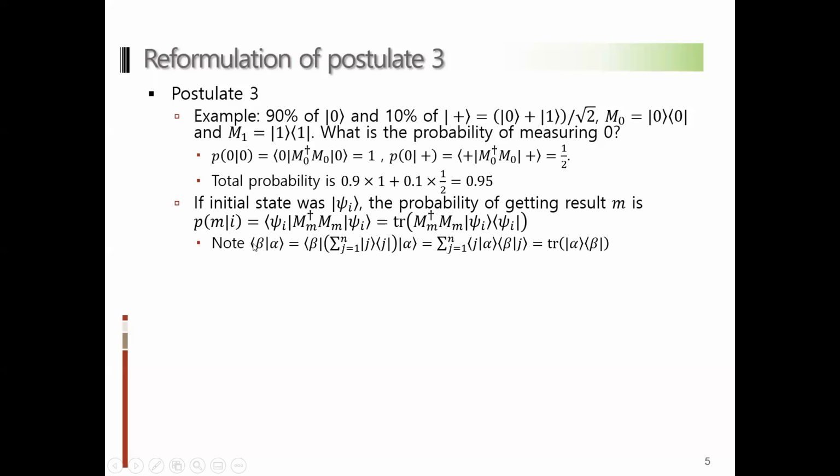Say you want to calculate the inner product between the bra beta and the ket alpha. If you remember the completeness relation, it says that the summation of all these projection operators corresponds to the identity operator.